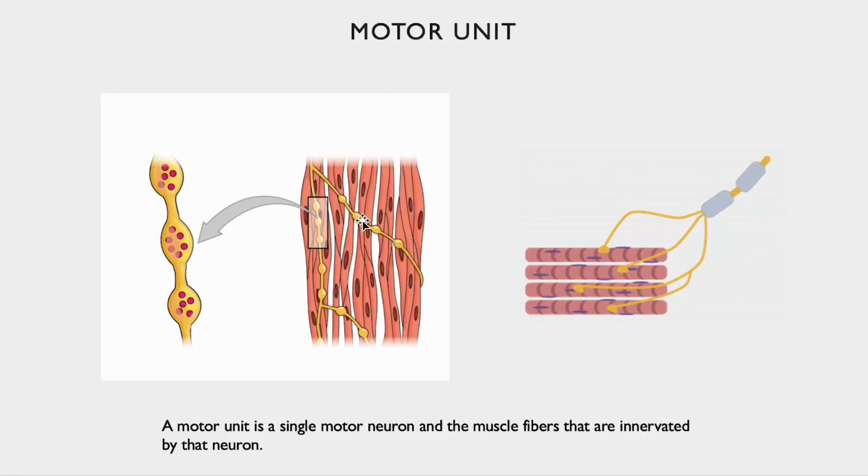Okay, on the left side, we have the representation of smooth muscle, spindle-shaped fibers. Okay, and we have these nerves of the autonomic nervous system that have these little dilations there that contain vesicles, okay, with acetylcholine.